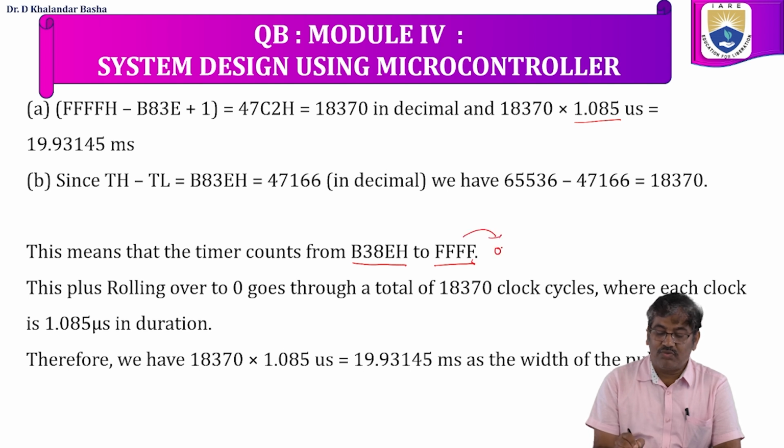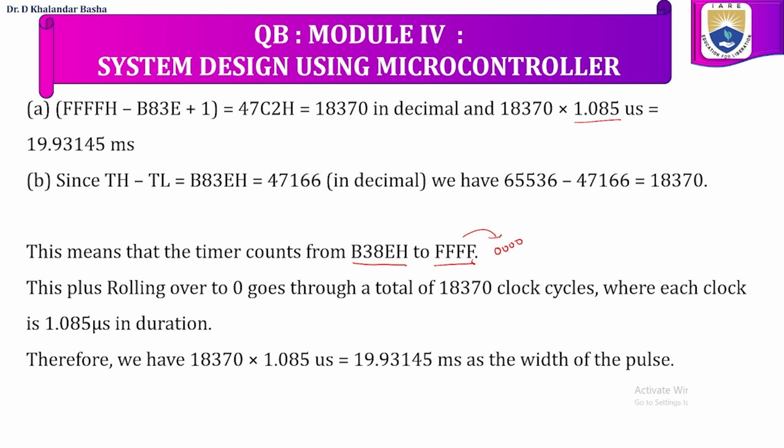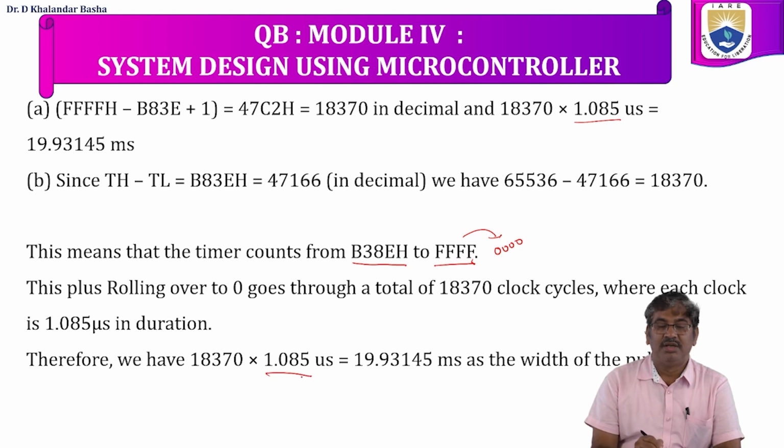Whenever it overflows from FF to 0000, it indicates that the time generated is satisfied. So 18370 into 1.085 microseconds, where this is the time of 1 clock pulse. How many clock pulses are we giving? 18,370.